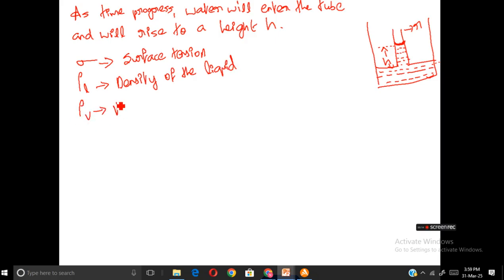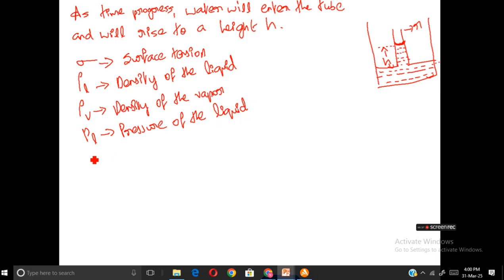Rho V is the density of the vapor. PL is the pressure of the liquid. And PV is the pressure of vapor.